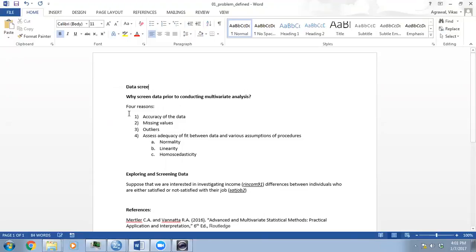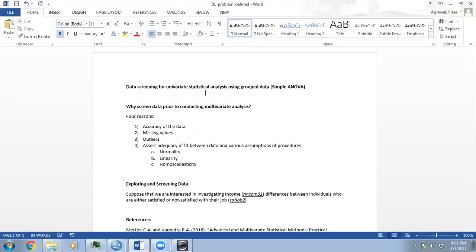Data screening for simple ANOVA. So that's something we are doing here.